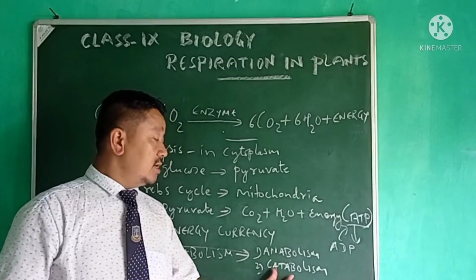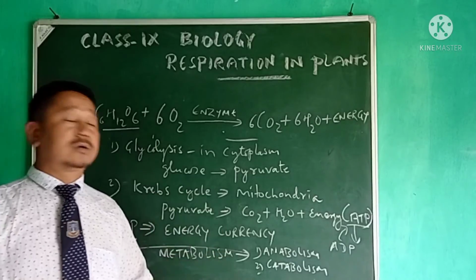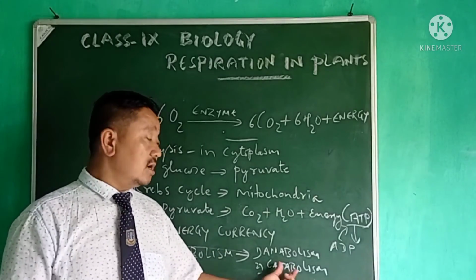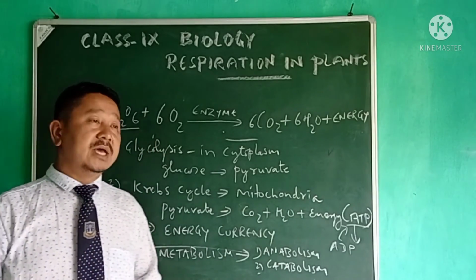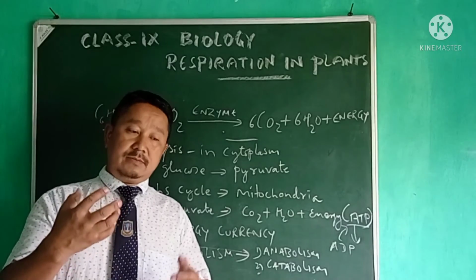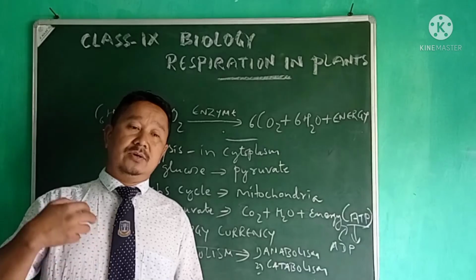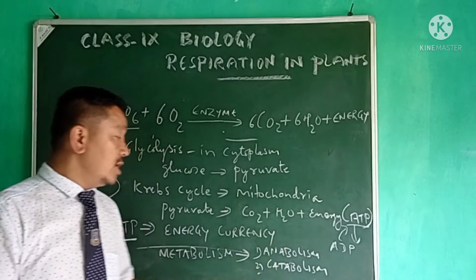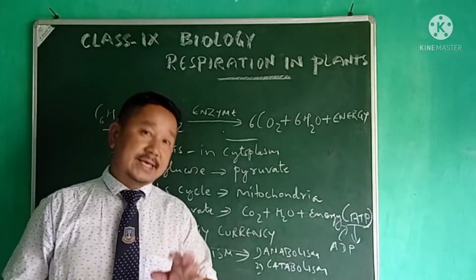So this is a catabolism. That's why sometimes we even use the term catabolic process. Respiration is also defined as a catabolic process by which oxygen taken into the cell will oxidize the food to produce energy. So this is how we find the two types of metabolism, anabolism and catabolism.